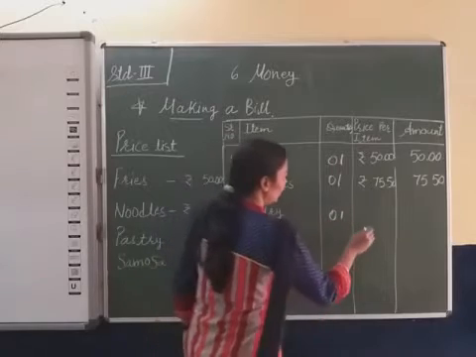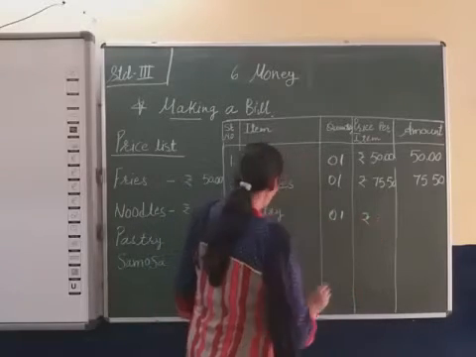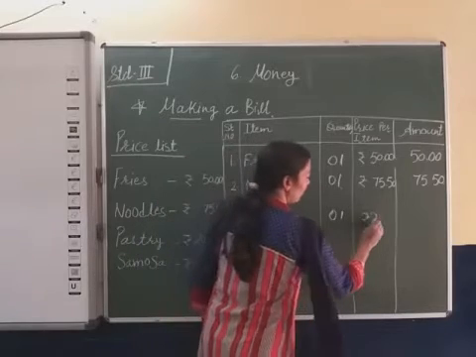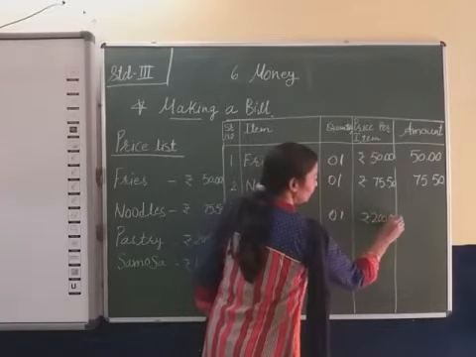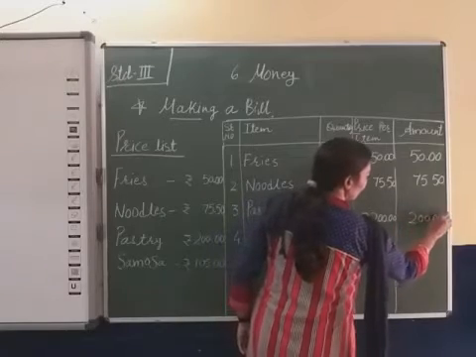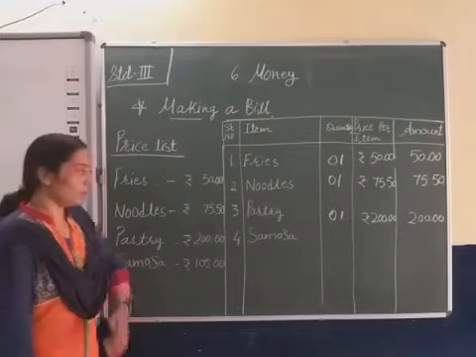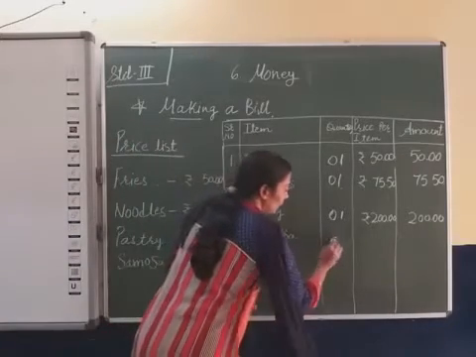Only one quantity, one item I have taken, this pastry, only one piece. So pay 200. Samosa 105 rupees for one quantity.